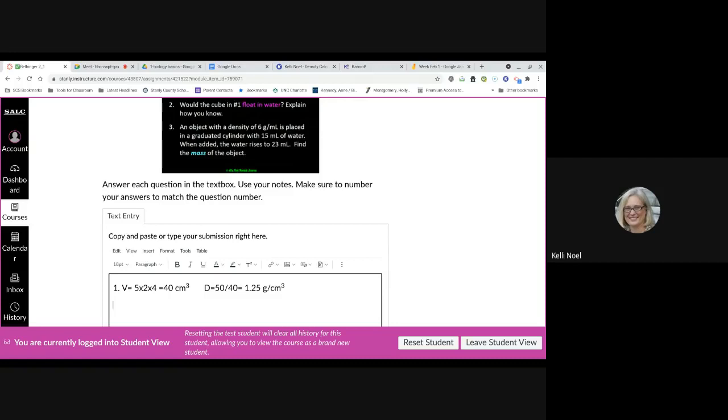Look at this number. Is it greater than 1? Yes. So you would say that it would not float, it would sink. Or you could say, no, it will not float because its density is greater than water.